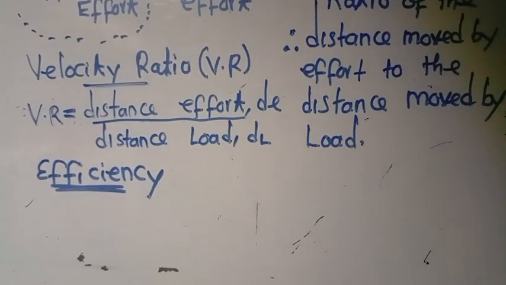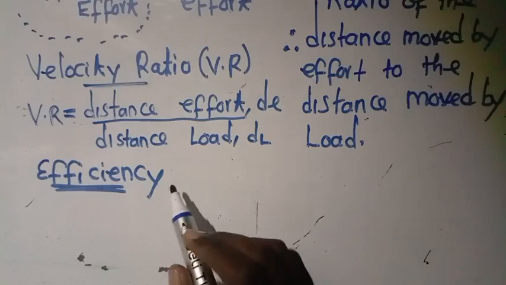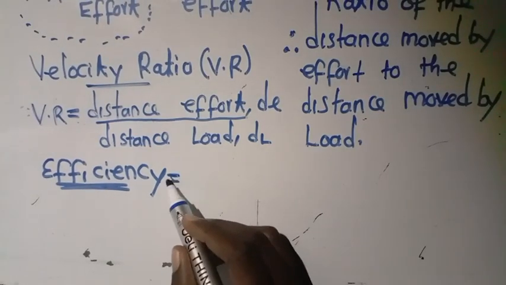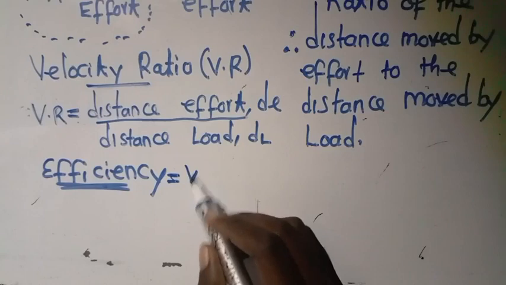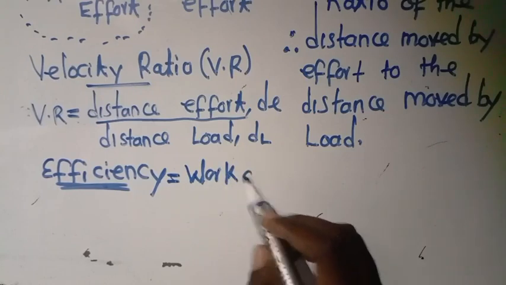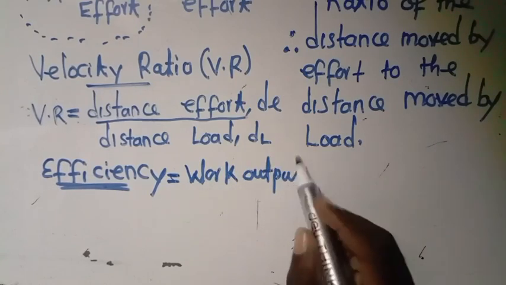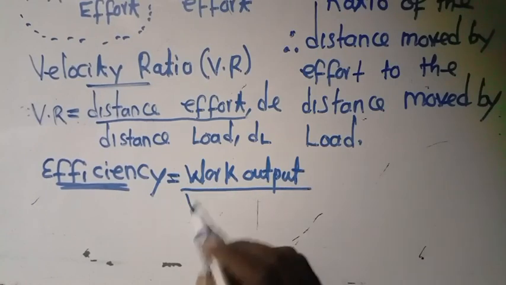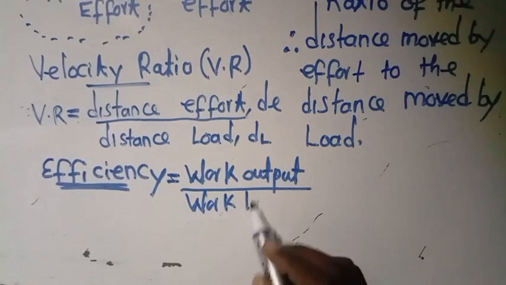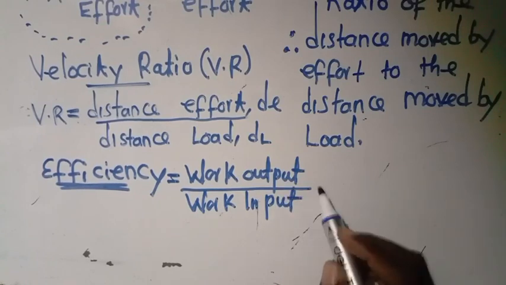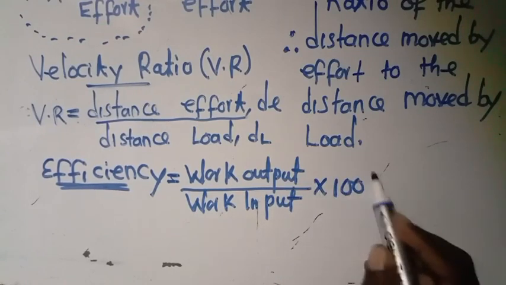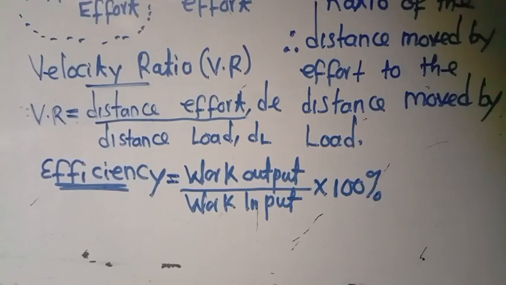Efficiency is just the ratio of the work output to the work input expressed as a percentage. When you are asked what efficiency is, we calculate it using the formula: work output over work input, times 100%, because this is a percentage.